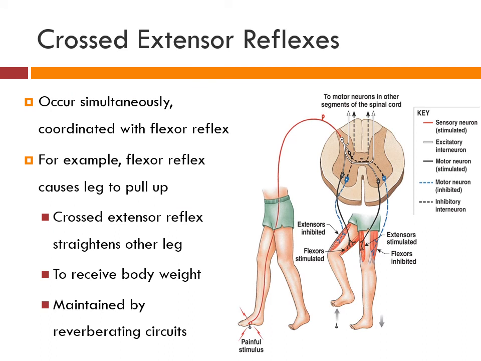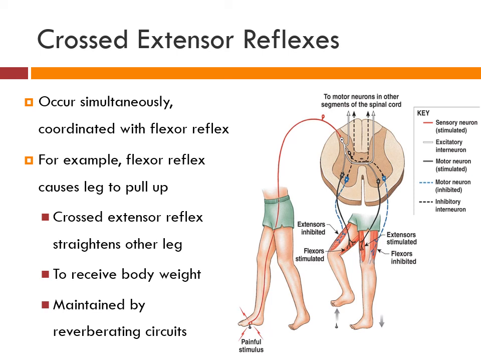The crossed extensor reflex occurs simultaneously with the flexor reflex. So the flexor reflex is ipsilateral, and the crossed extensor reflex is a response on the contralateral side of the body.